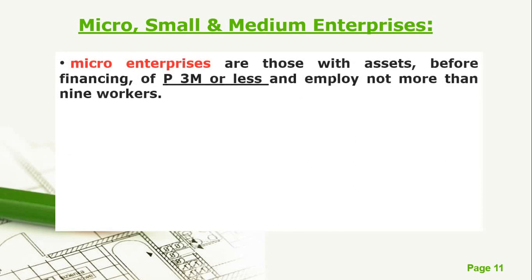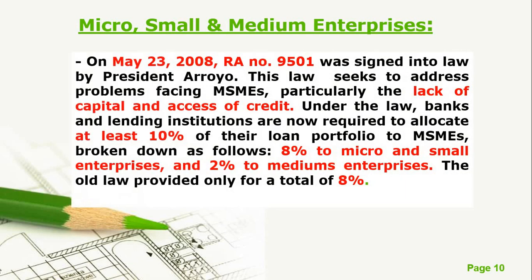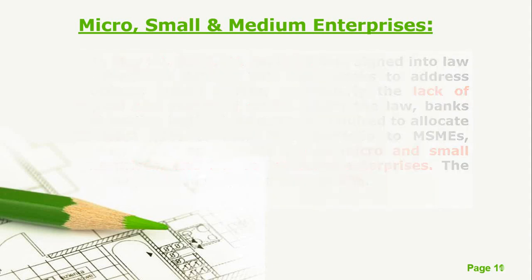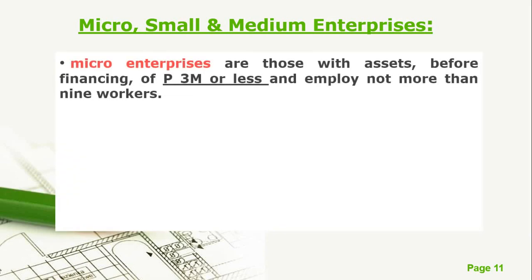Okay. So, for micro enterprises, we first have to qualify what can be classified as micro, or how a business can be called micro, small, and medium enterprises. Micro enterprises are those with assets before financing of 3 million or less and employing not more than 9 workers.